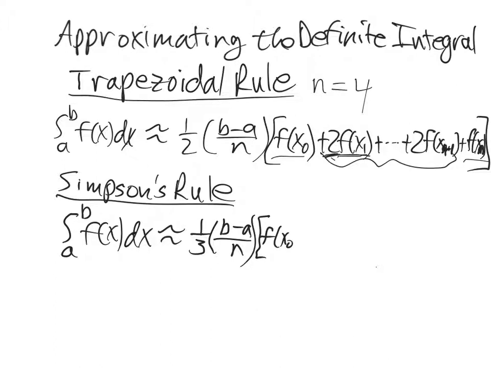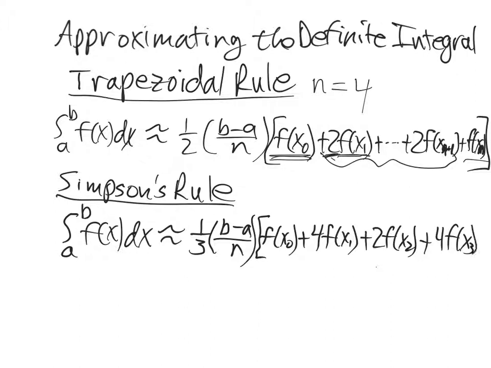Now the pattern here, again, is just one of the first function value, f of x sub 0, but then because of the area formula under a parabola, we'll have 4 times f of x sub 1, and then 2 times f of x sub 2, 4 times f of x sub 3, and so on, 2 on the next one.